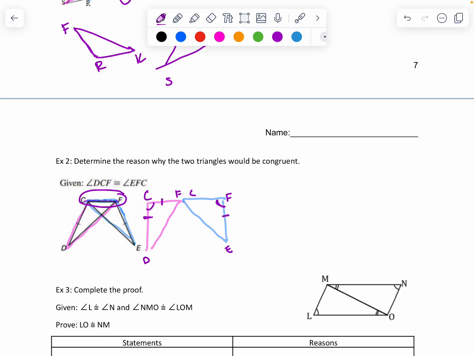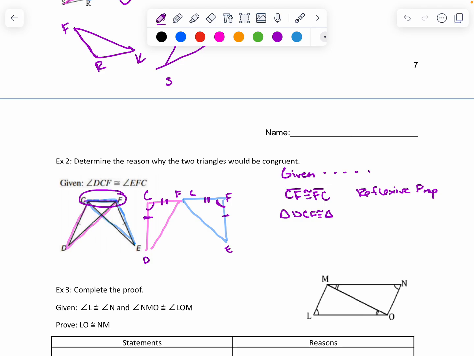Therefore, it's congruent to itself. So you'd have your given information right in your proof. The second line would be that CF is congruent to FC. They're overlapping, so that would be reflexive. Then your two triangles are congruent.